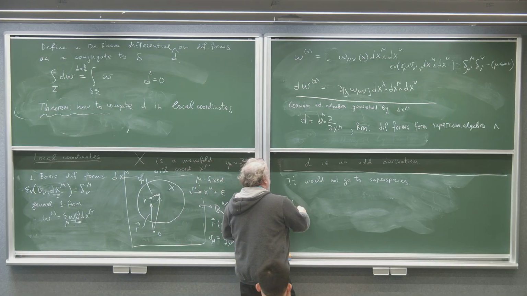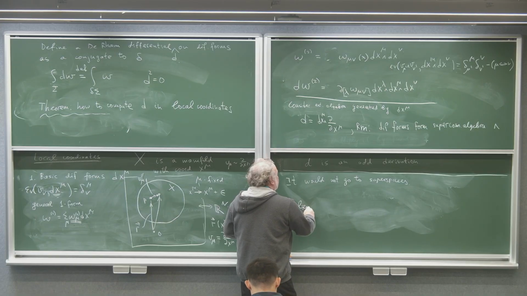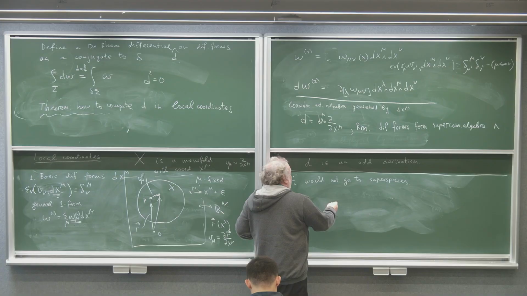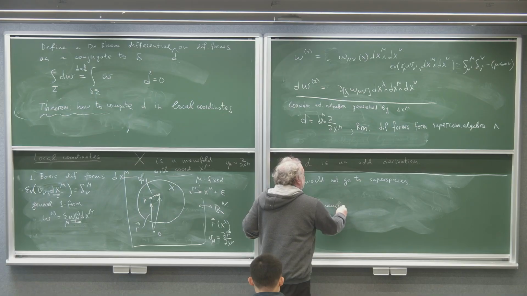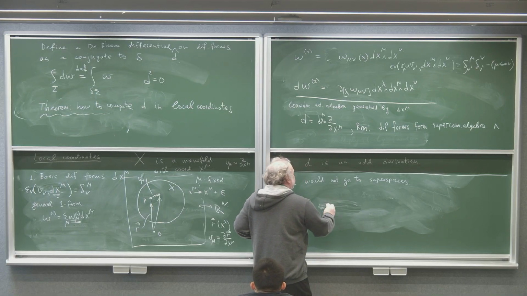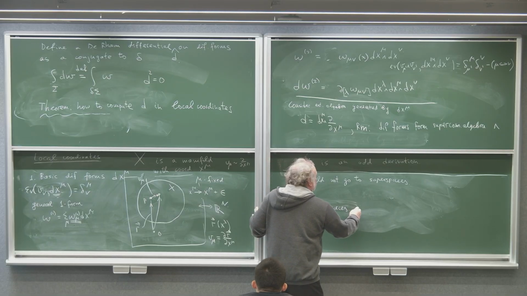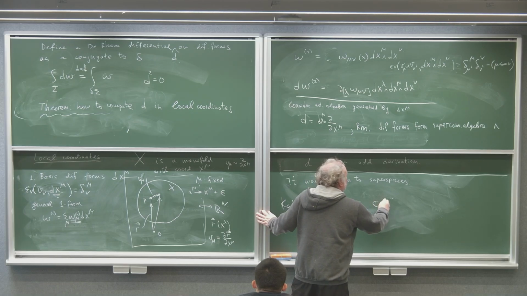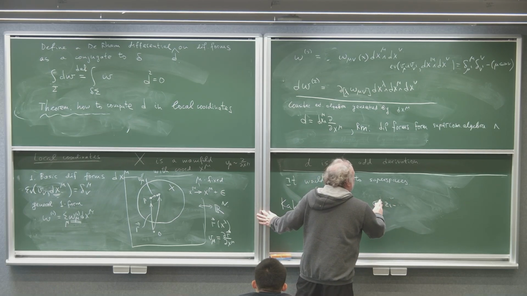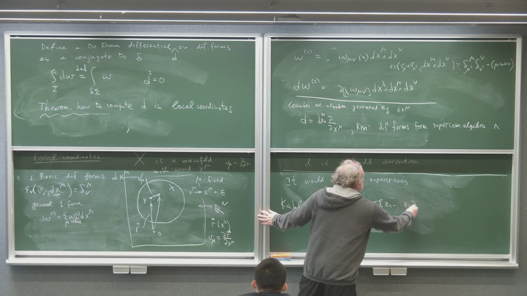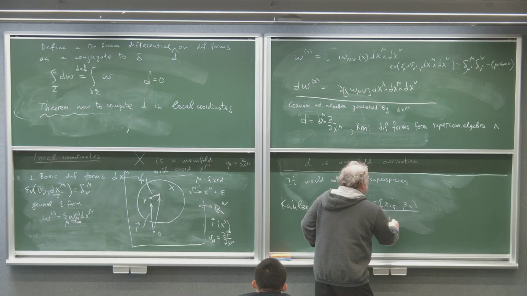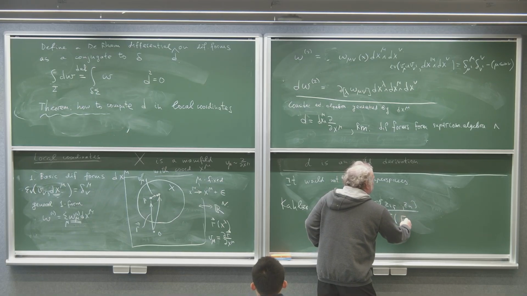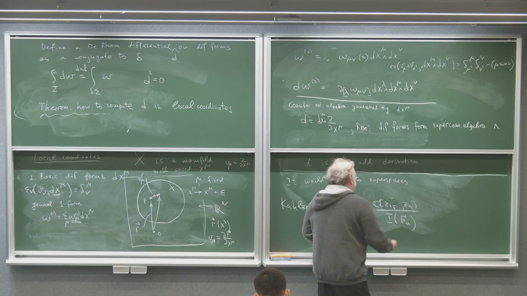So what was the motivation of Keller? He wanted to describe something on spaces that corresponded to the algebra of C infinity functions on R^n, factored by the ideal generated by some functions f.